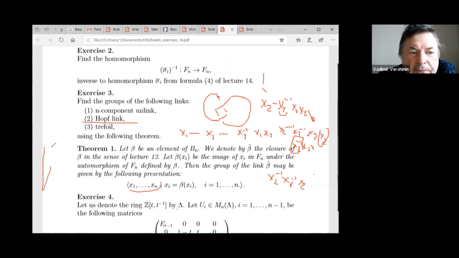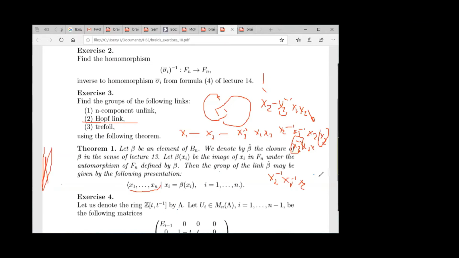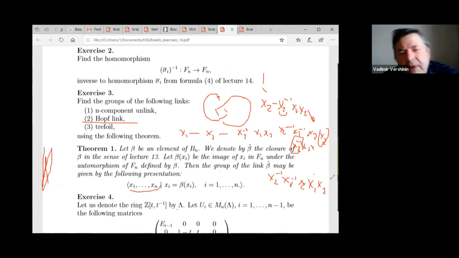The aim of this exercise was to use this theorem, Tatiana. I agree with you that maybe it's clear, but I just want to use the theorem anyway.